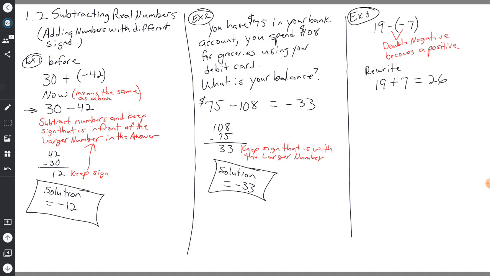If you make that line longer, then it kind of looks like addition. You can think of it like what Abby just said: if you have the double negative signs there and a parenthesis, it looks like a plus.